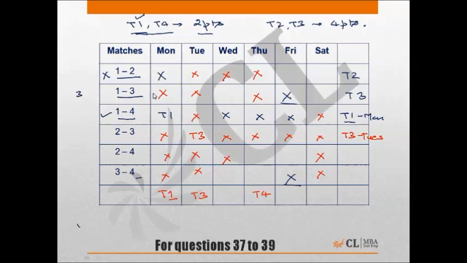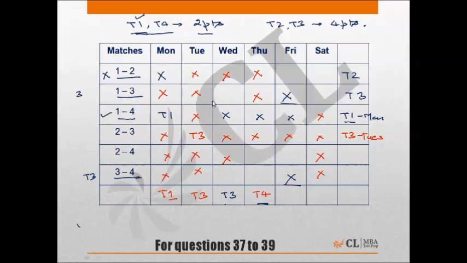Why? Because we have already discussed this, that between 1 and 3, Team 3 will win. Similarly, if the match is between Teams 3 and Team 4, even then Team 3 should be winning because Team 4 has already won a match on Thursday, so on Wednesday it cannot be winning a match. So on Wednesday the match has to be won by T3. I hope this is clear.